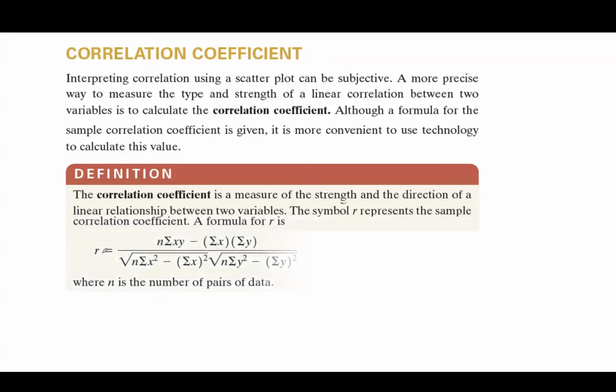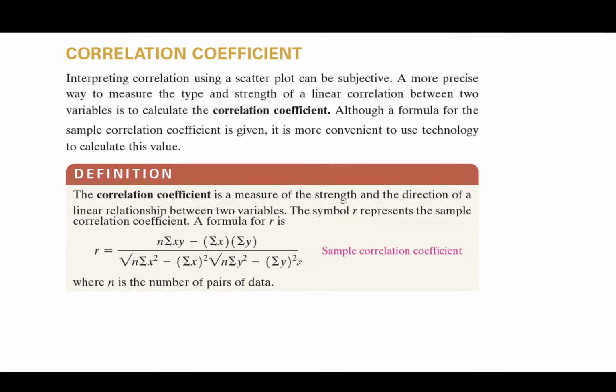R, the correlation coefficient, is equal to, on the numerator, you multiply x and y together, add them all, multiply by n, minus: you add all x values, add all y values, and multiply these together.